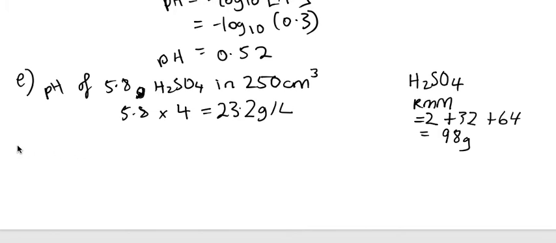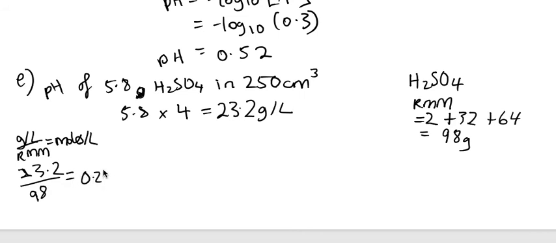So then if we want our moles per litre, we're going to put our grams per litre over our RMM to get our moles per litre, which in this case is 23.2 divided by 98, which gives us 0.24. So if we have 0.24 moles per litre, we can now go and look at our dissociation equation for H2SO4.